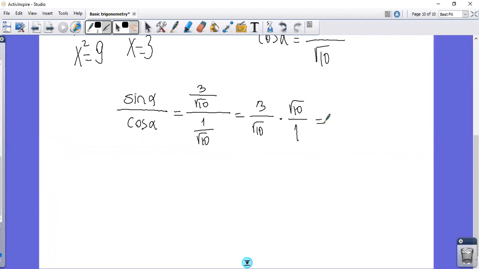Here root 10 and root 10 cancel out. So the answer is going to be 3 over 1, which is 3. So this is sine of alpha over cosine of alpha.